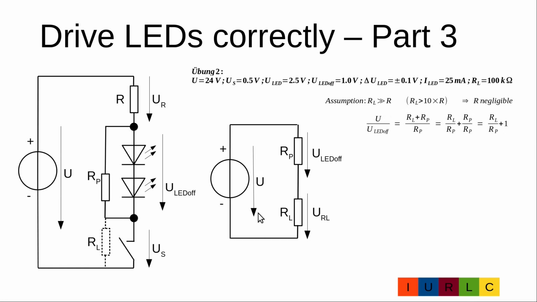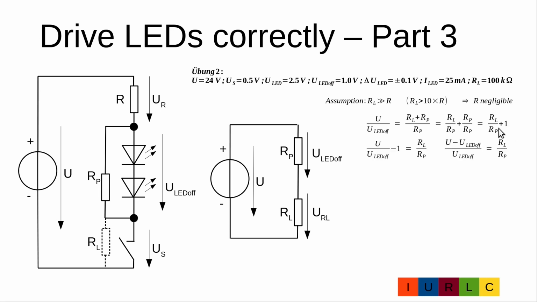Now the ratio U divided by ULED off is the same as RL plus RP divided by RP. Now we separate this to RL divided by RP plus RP divided by RP, which is RL divided by RP plus 1.